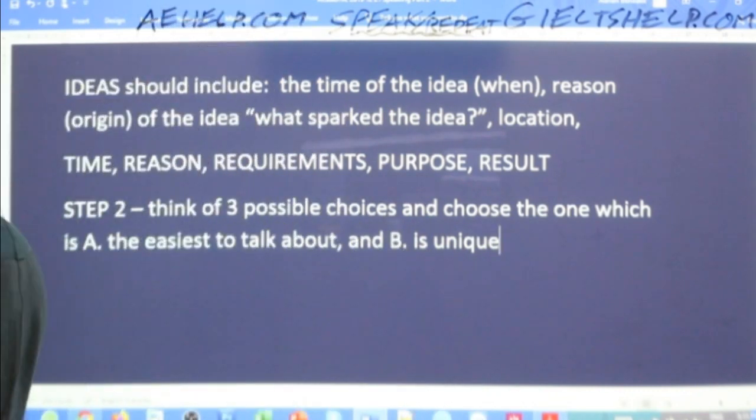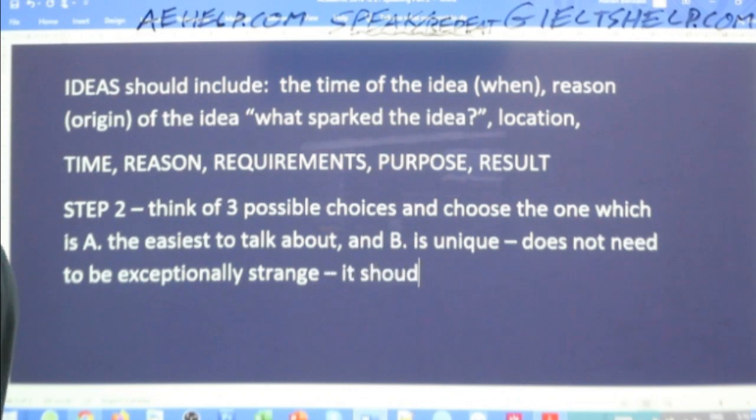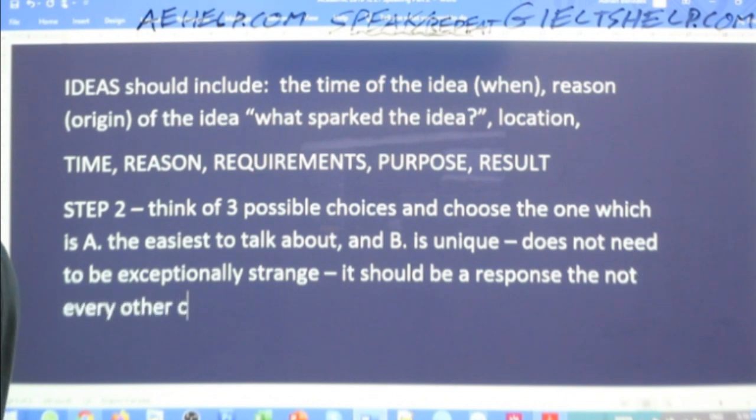So unique does not need to be exceptionally strange. Okay, that's not a good idea because that's going to be difficult to talk about. It should be a response that not every other candidate is choosing.